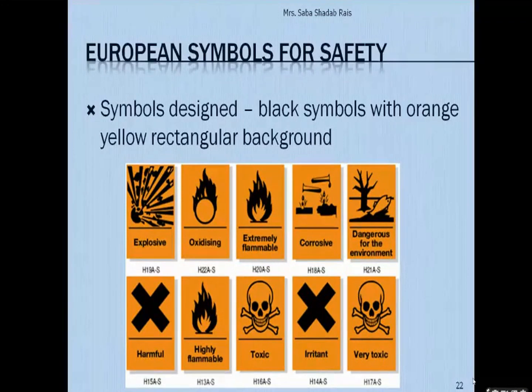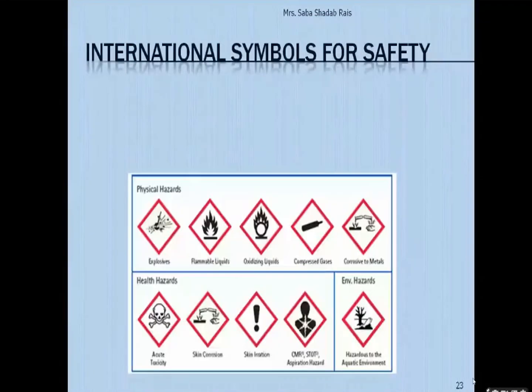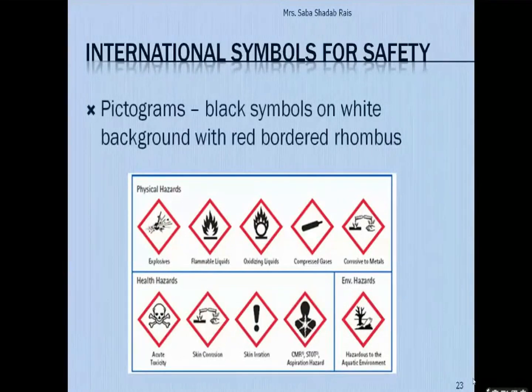This became very popular. Then in 2009, the international symbols came into existence. These pictograms have black symbols on a white background with a red-bordered rhombus. So in 2009, the European symbols were replaced by the international symbols, which are now used even in Europe.